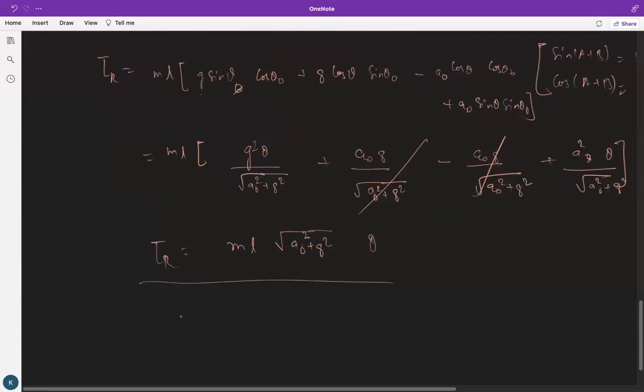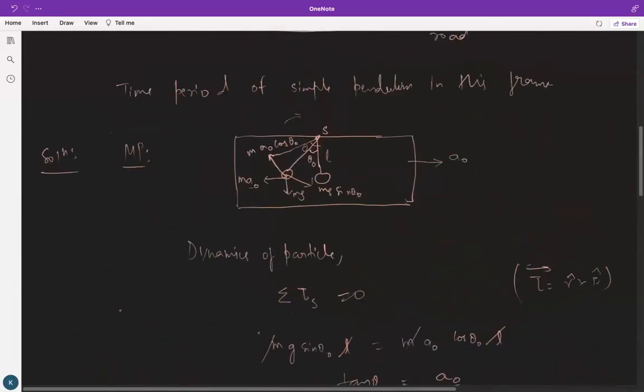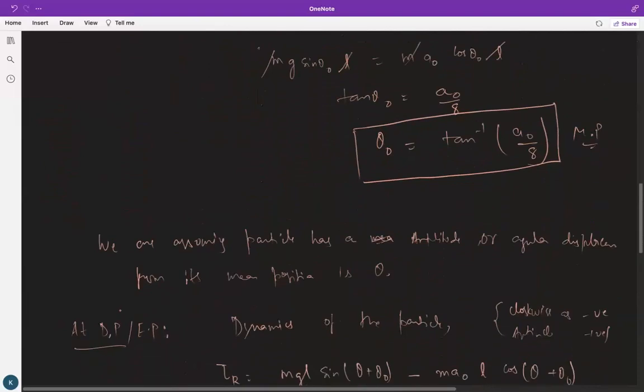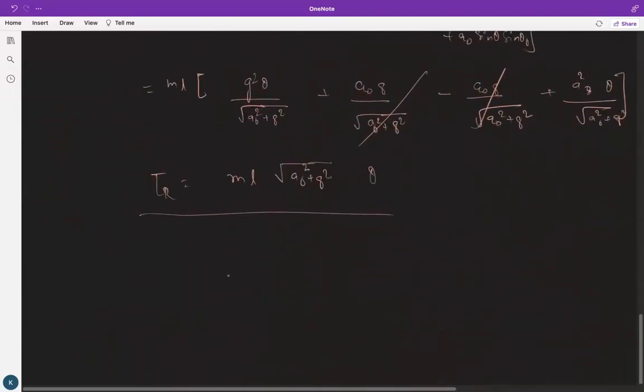This is an important problem, right? So you have to look into this problem in a very careful manner. So let's start writing. It will be ml square into alpha is equal to ml root under a naught square plus g square into theta. This gets cancelled, so we get the relation.